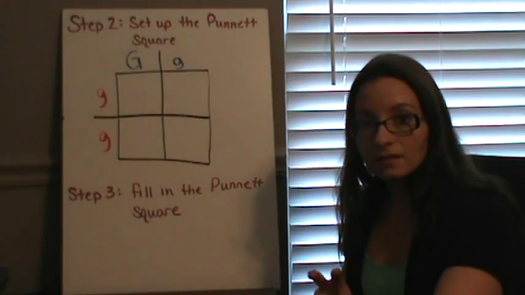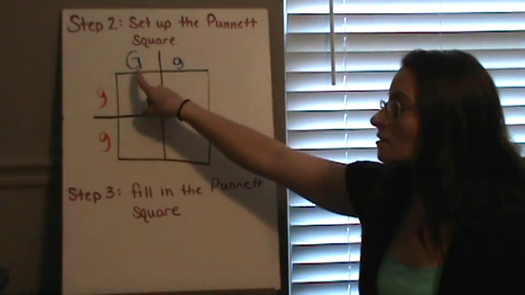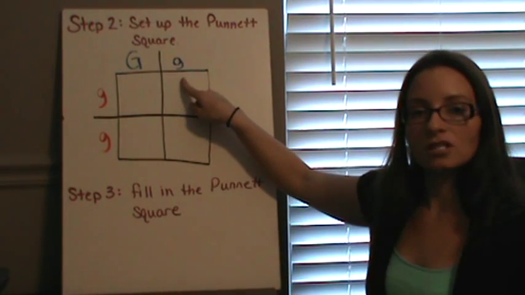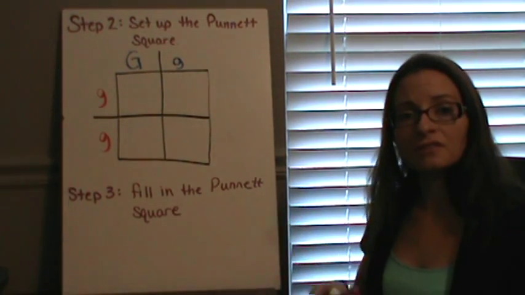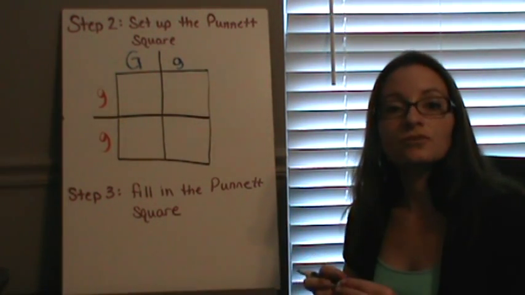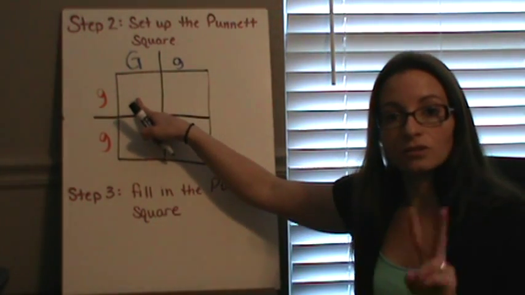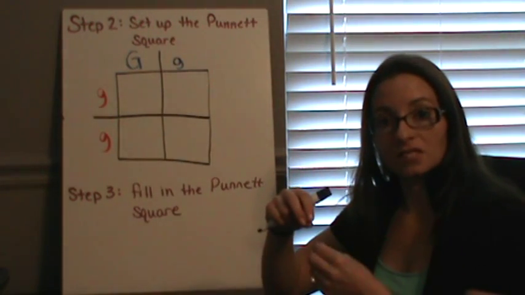The second thing, after doing that, is you put one gene on the top of one box and one gene on the top of the second side of the box. And then you're going to fill in the Punnett square. To do that, each box is going to now be filled with two letters. Okay? One it got from its mother and one it got from its father.